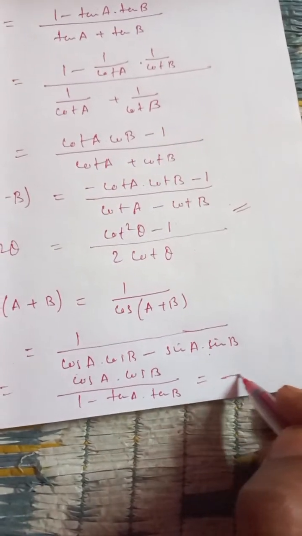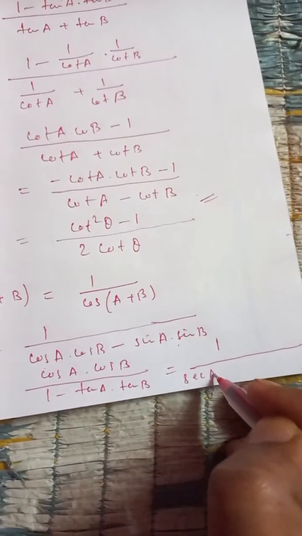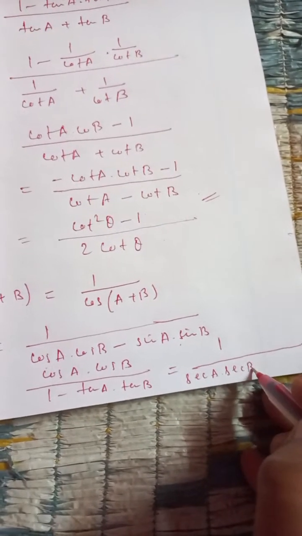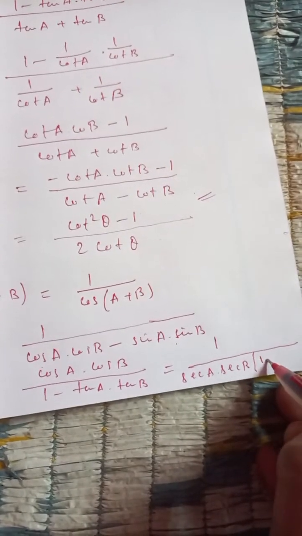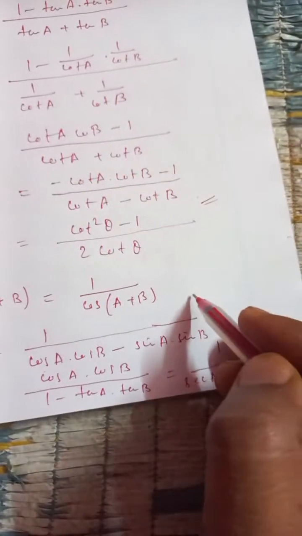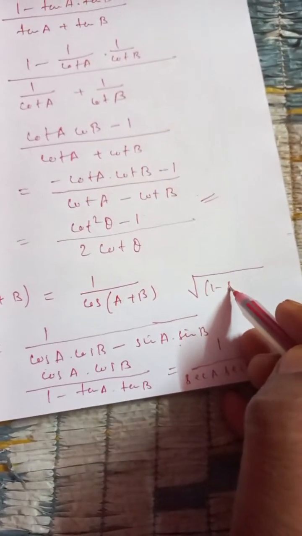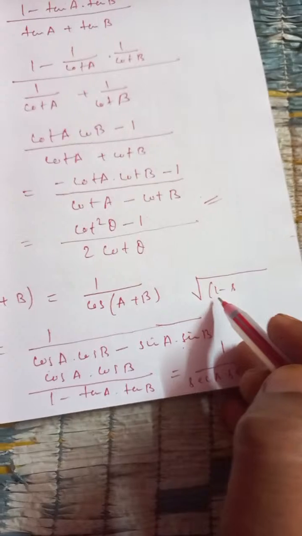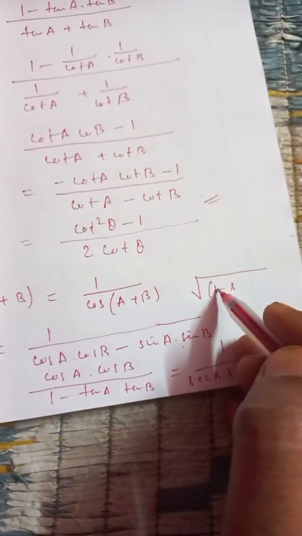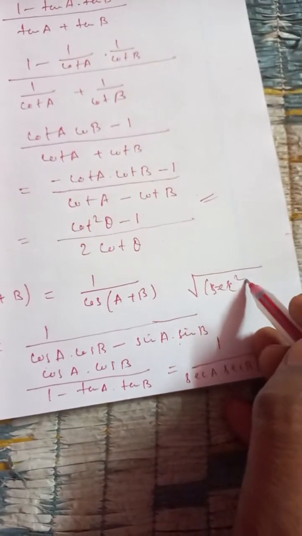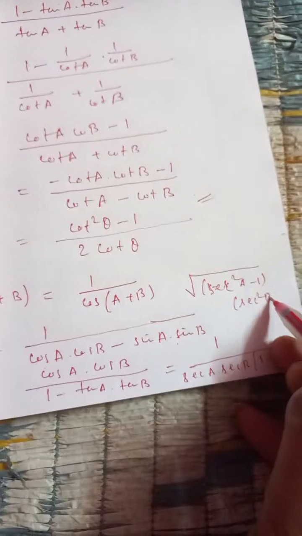So this will be 1 by sec A sec B, and under bracket 1 minus, under root, sec square A minus 1 multiplied by sec square B minus 1.